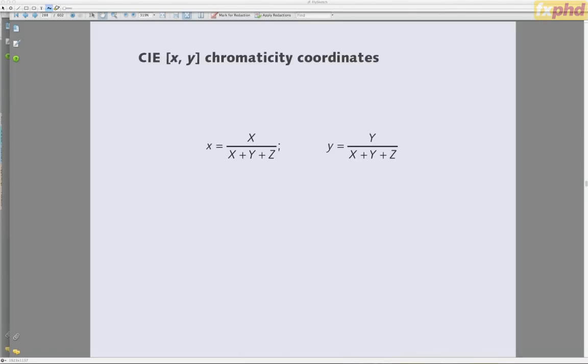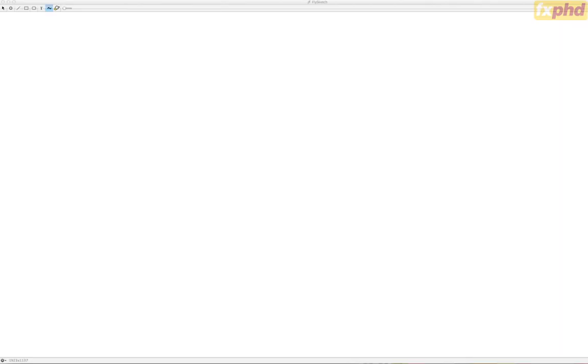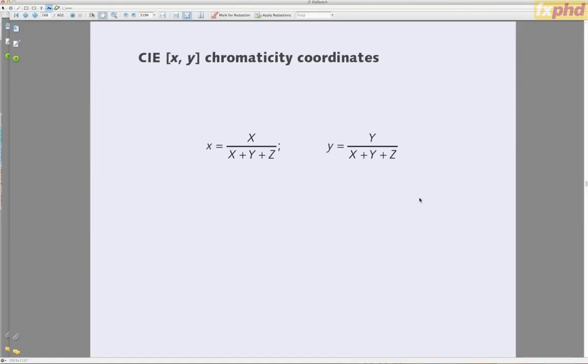Now, we can't easily plot on a piece of paper, or in fact can't plot at all, 3 coordinates. So we do a mapping into 2 coordinates that has arithmetic looking a little bit like the perspective transform in computer graphics. And the previous transforms that I've been showing you that have got matrix multiplications, a mathematician would call affine.